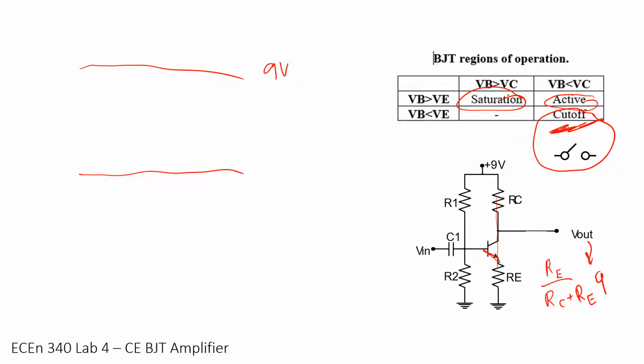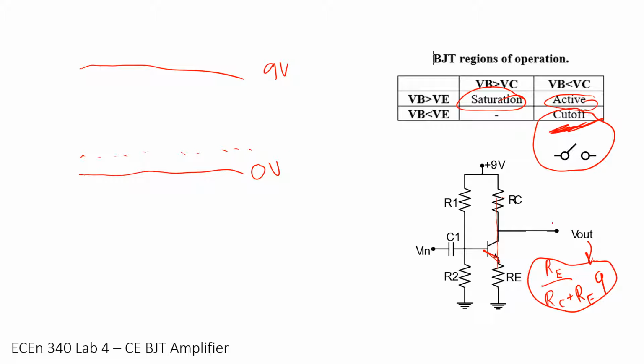If we are in saturation, we can be down lower, here, which, if our RC is much bigger than our RE, can get pretty small. We'll approach 0. So if we're trying to do a high gain amplifier, it'll be closer to 0.